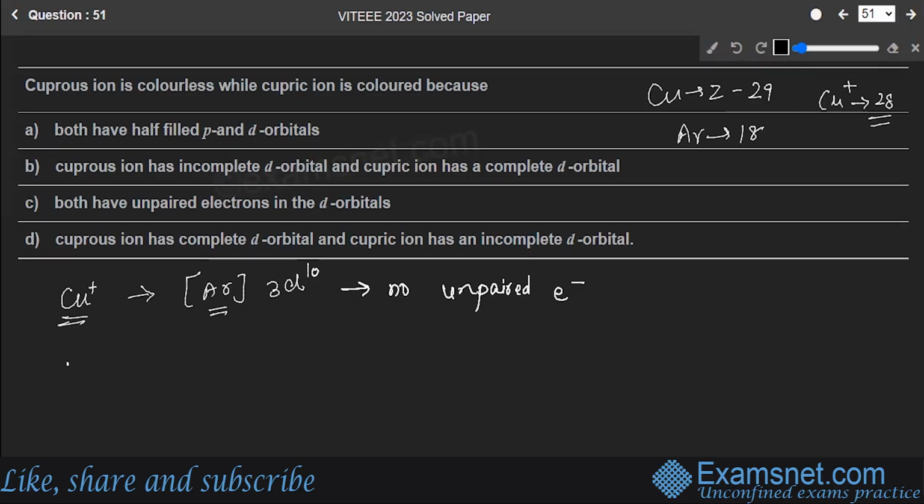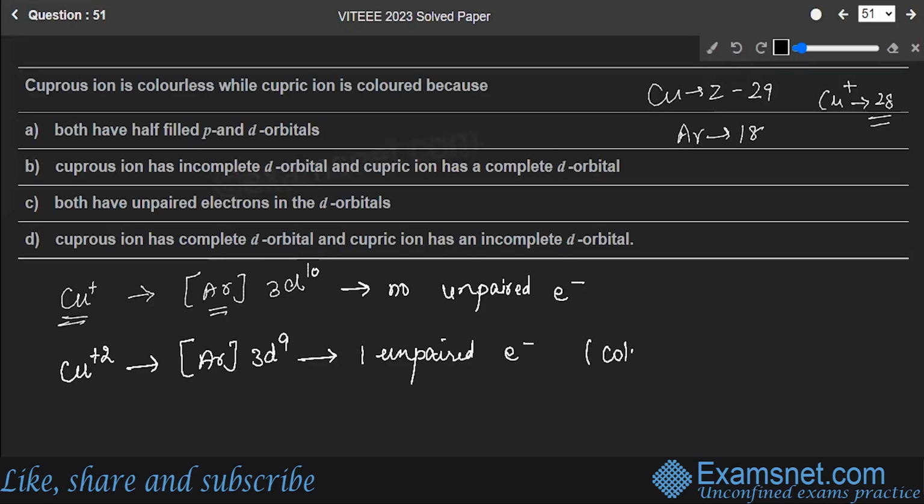While if I'm talking about the cupric ion, that is Cu plus 2, now it is deficient of 2 electrons. This is 3d9. It will have 1 unpaired electron. Therefore, this is colored, and this is colorless. So cuprous ion has a complete d orbital and cupric ion has an incomplete d orbital. This is the correct option.